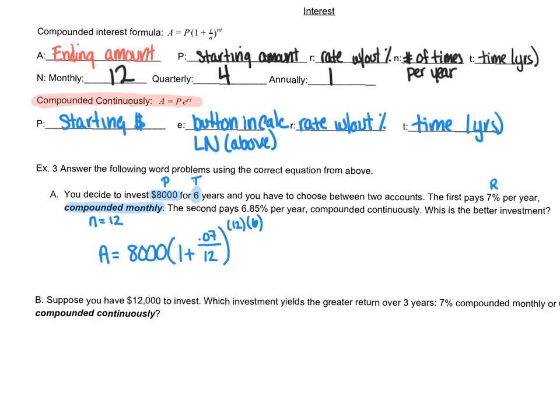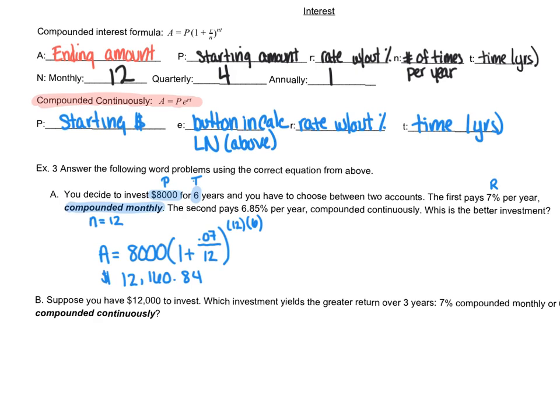Remember PEMDAS when you're doing this. So at the end, you're going to have $12,160.84.